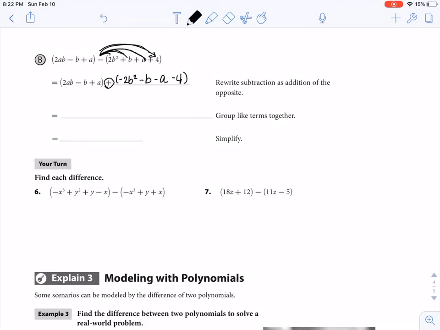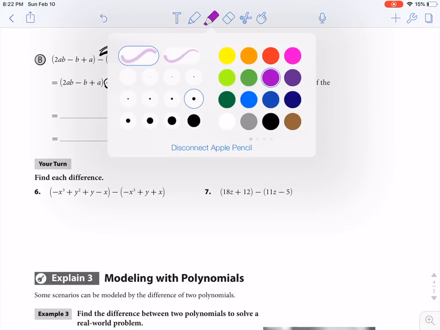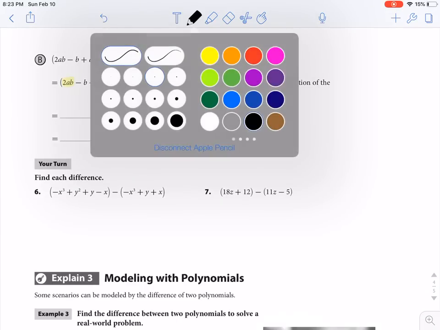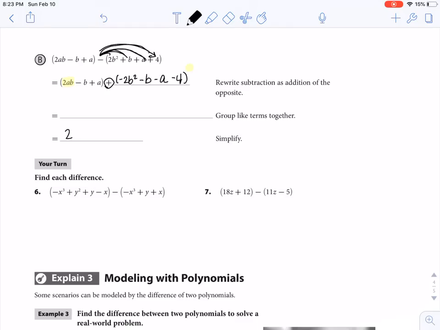So let's go ahead and group like terms. And so I'm going to go ahead and use my highlighter. And I'm going to start with 2ab. Well, if I look over here at my second polynomial, I actually don't see any other terms that are the same. And so I know that in my final answer, I'm going to have 2ab. Okay? So that would be its own group. So I have 2ab plus, and then I'm going to look for b.